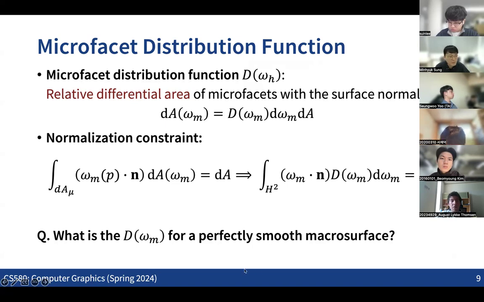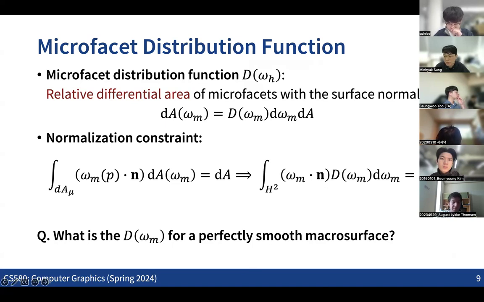Well, in this case, we can say that the output of this distribution function should be 1 only when omega m becomes the same as the vector n here, right? Otherwise, it should be 0.